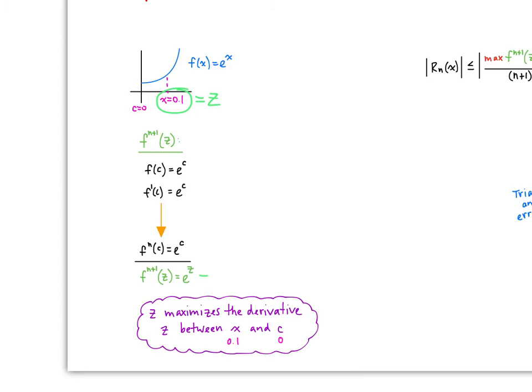So we're really going to evaluate e to the 0.1, because z is going to be 0.1. Remember, z maximizes the derivative, and it is on the interval of x and c. And at the end of the notes today, we'll talk about the best way to find our z value. But we look at that derivative graph and we see where the maximum value is.